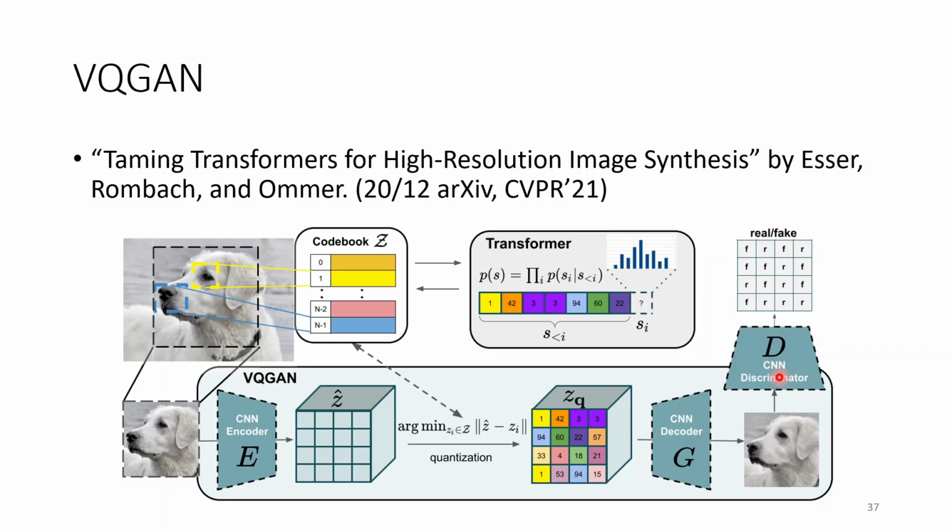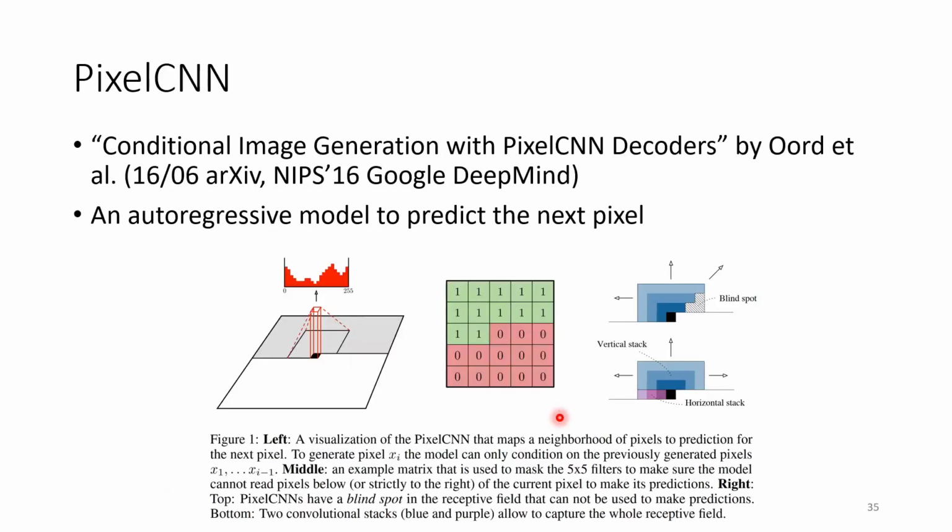So what is the innovation of VQGAN? It is here. They use a transformer to predict the next latent code. From PixelCNN, we saw how they predict the next pixel value.